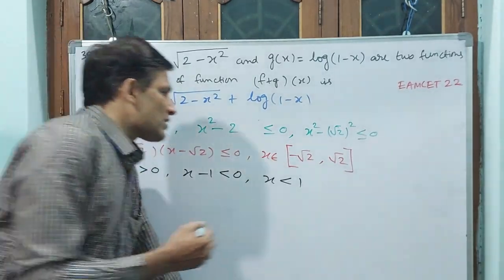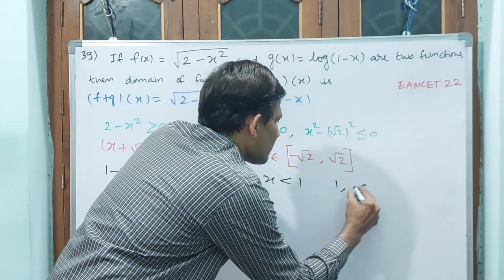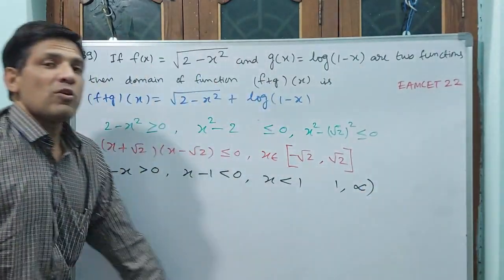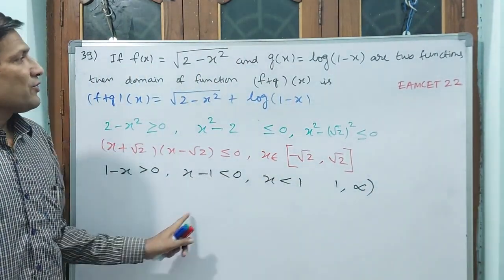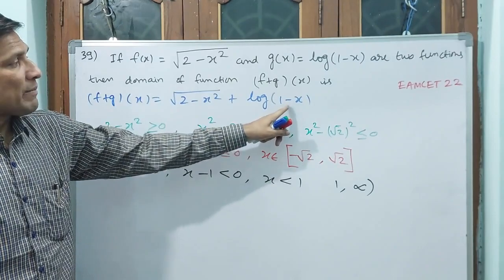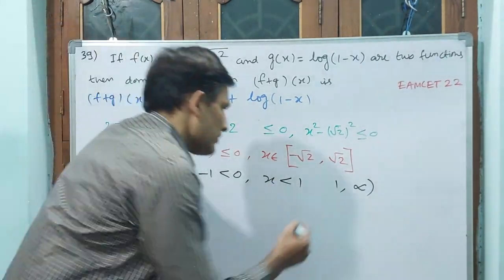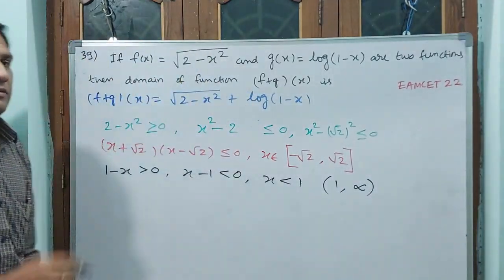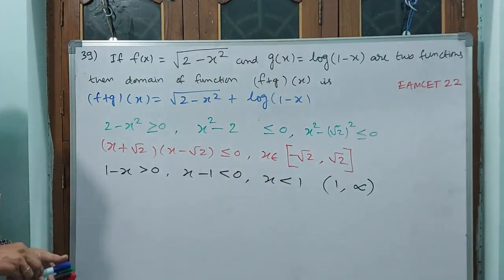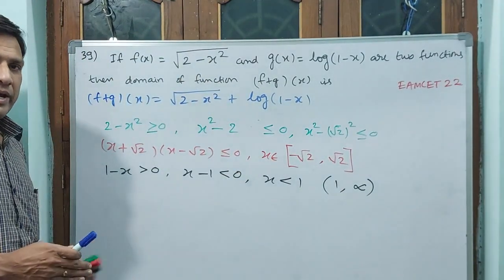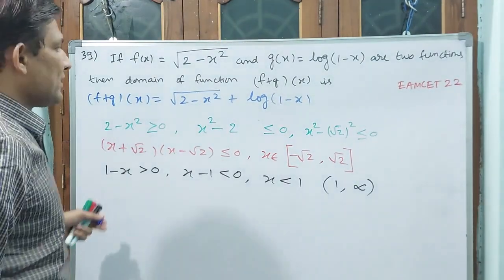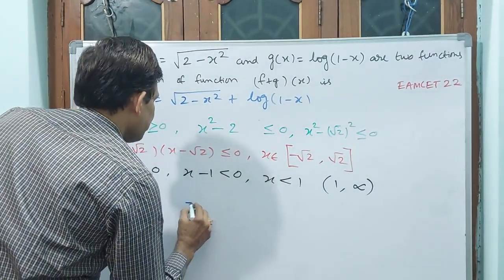It comes like this: minus infinity to 1. Infinity is an open interval. But can you give 1? 1 cannot be given. If you give 1, 1 minus 1 is 0. You should not give 0 as input to log. Then this is an open interval only. See, these two intervals you have to plot on the real number line and we will see what will be the final answer. See what I am writing.